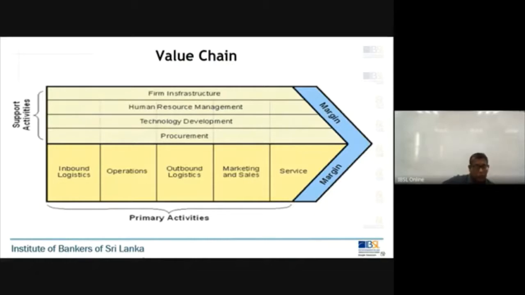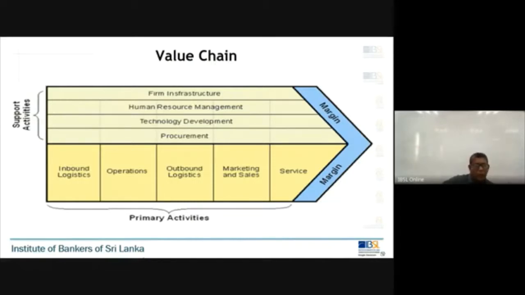Now, what we do is analyze all stages of your primary activity and look at how we can improve each and every primary activity.